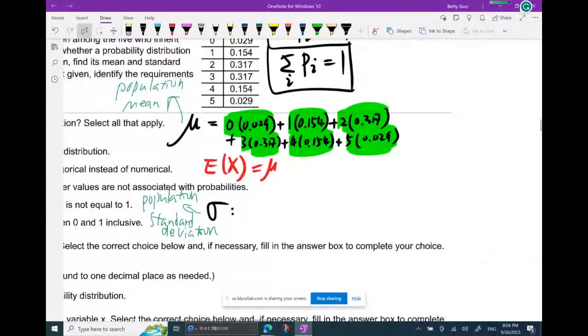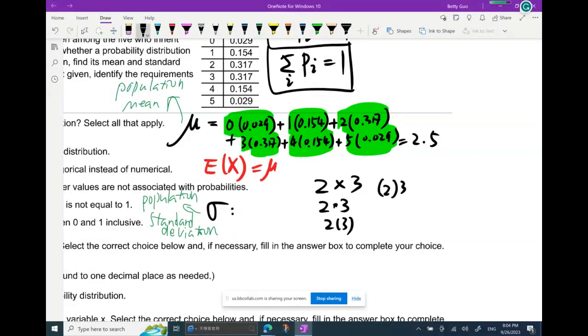Professor, I have a question. Yes, please. In the green, did you multiply? Is that why it's in parentheses, like 0 times 0.029 and then plus that? Yeah, the parentheses means multiply. That's a very good question. That's an algebra question. For example, this means 2 times 3, and this also means 2 times 3.